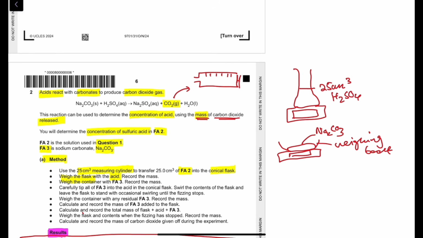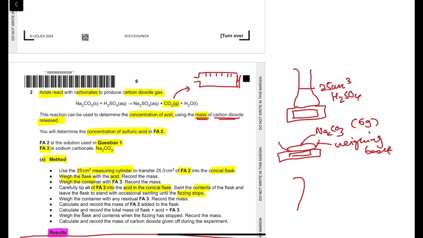We're going to use 6 grams for this experiment since they haven't specified the mass. Then they want us to carefully tip all of our sodium carbonate into the acid in the conical flask. Swirl the contents occasionally and do so until the fizzing stops.